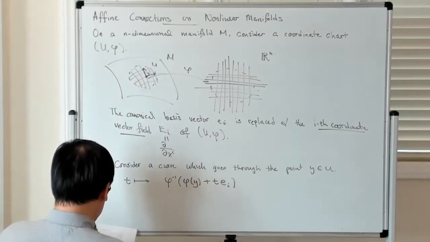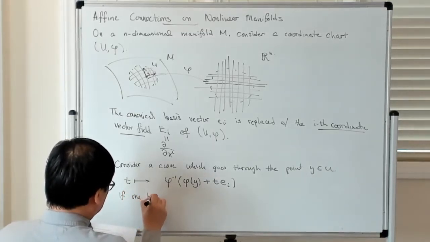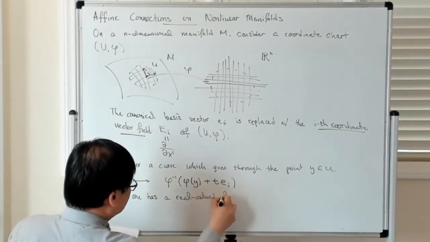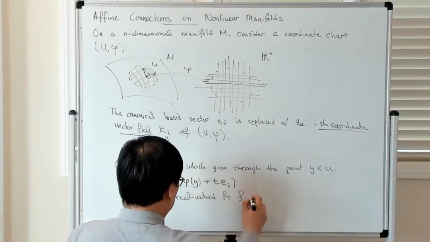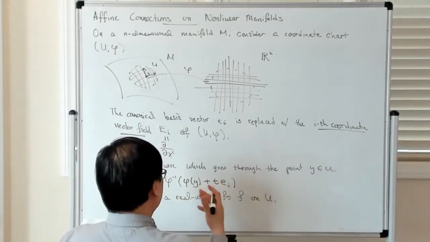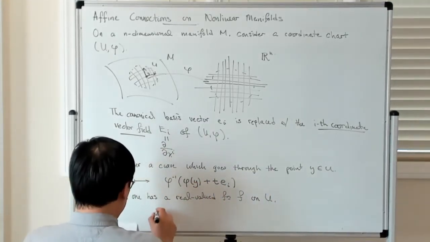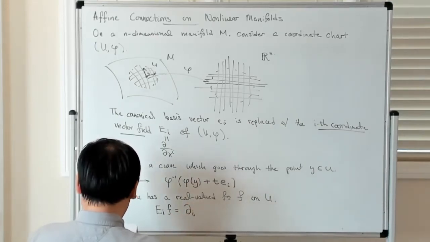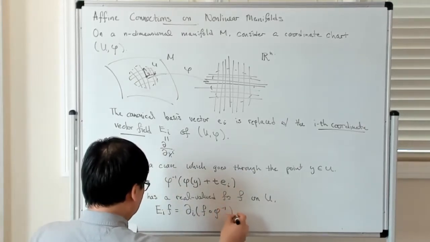In particular, if one has a real valued function f on U, and one way to think about vectors is how they act on scalar valued functions, then you can check that E_i acting on f is the obvious thing: the partial derivative in the ith component of f composed with the inverse coordinate map.